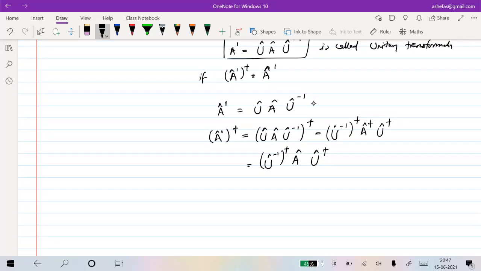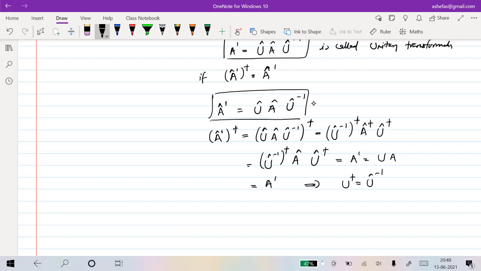So this must be equal to A prime, where A prime is U A U inverse, which implies that U dagger must be equal to U inverse. Because A prime dagger must be equal to A prime if A prime is a Hermitian operator.